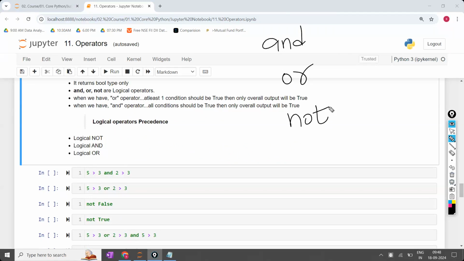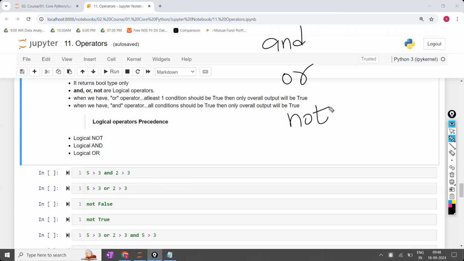What is meant by and? End means all conditions should be satisfied. Condition number 1, condition number 2, condition number 3, condition number 4. If multiple conditions like this are there, you have to satisfy all the conditions. Then only is the overall output true. If you fail in even one of the conditions, the overall output is false.